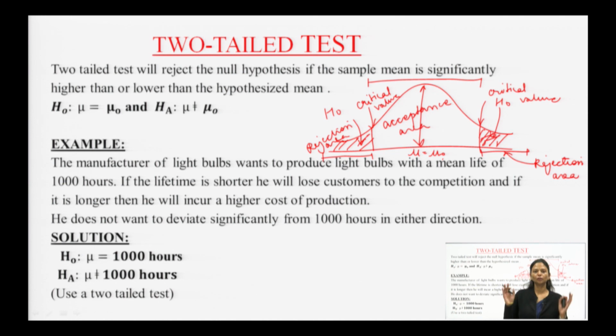That means, in either of the two directions I am supposed to reject or accept my null hypothesis. So I will take the two-tailed test as shown in the figure above, in which I will accept the major region and I will reject the null hypothesis if the statistics says so.